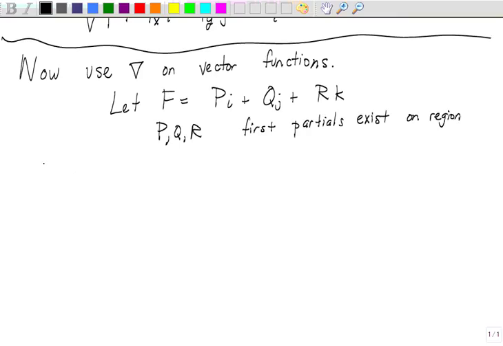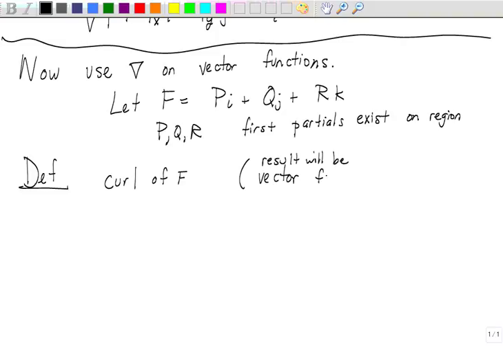Then we define the curl of F, and the result will be a vector field, as curl F equals the gradient cross F.